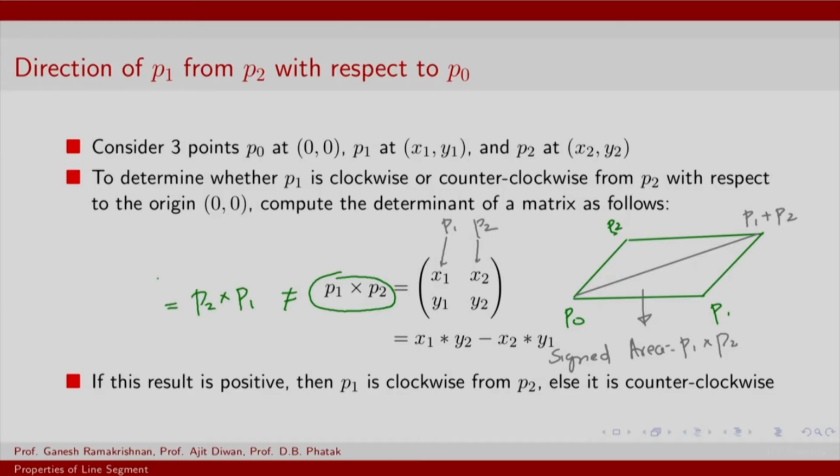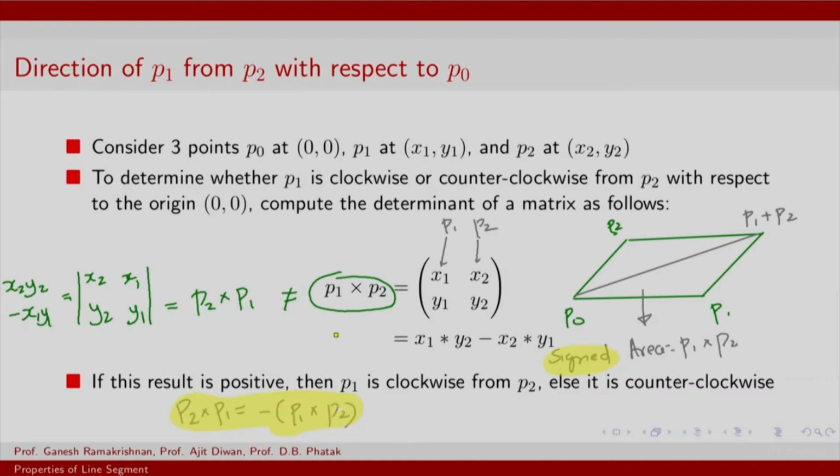Similarly, the cross product P2 cross P1 can be written as the determinant with x2 y2 in the first row and x1 y1 in the second, and this is nothing but x2 y1 minus x1 y2. So one can see that P2 cross P1 has exactly the opposite sign of P1 cross P2, and that is why we refer to this area as a signed area.